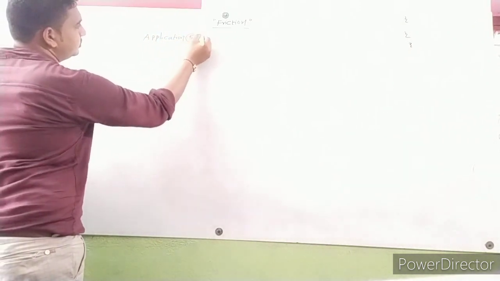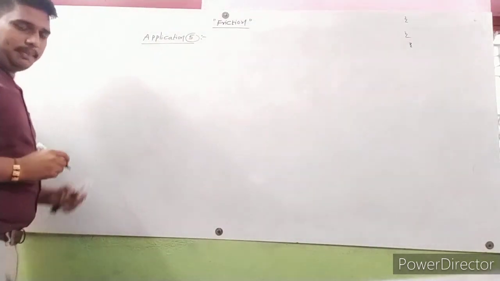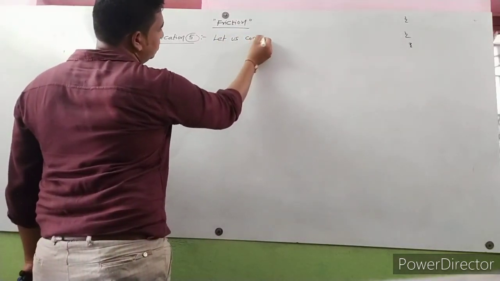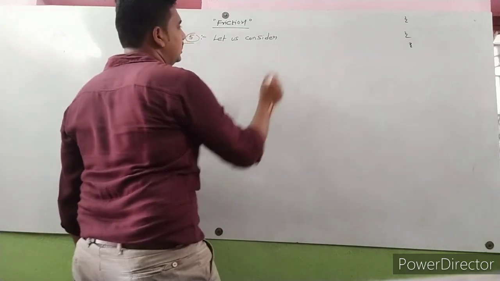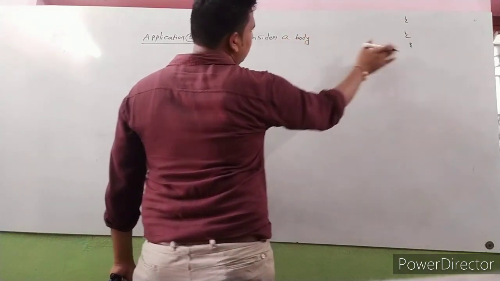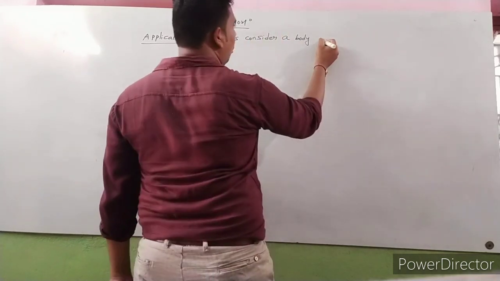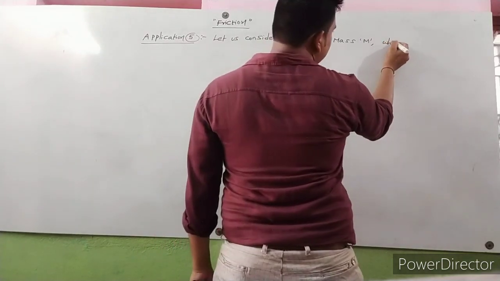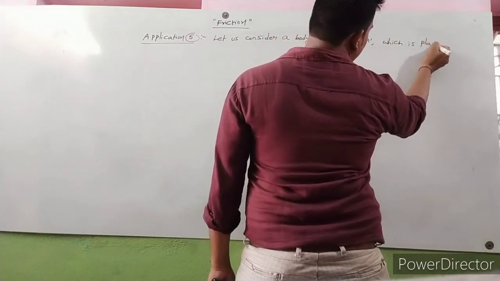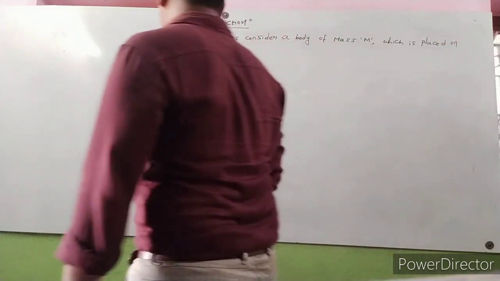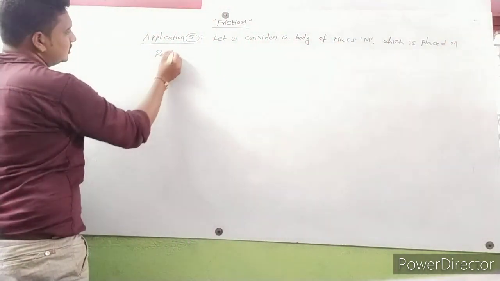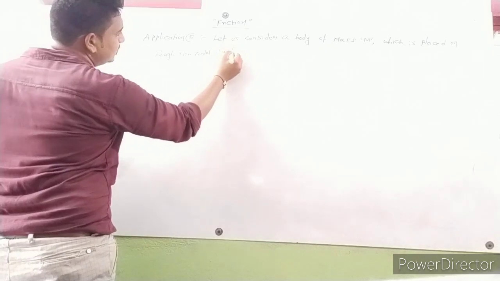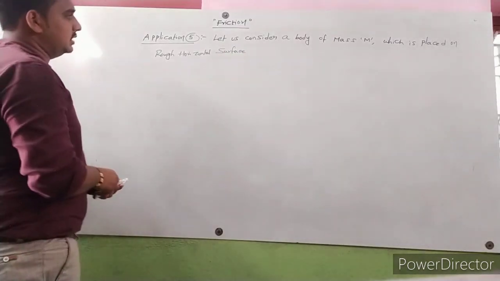Application number 5. Let us consider a body of mass m, which is placed on a rough horizontal surface.